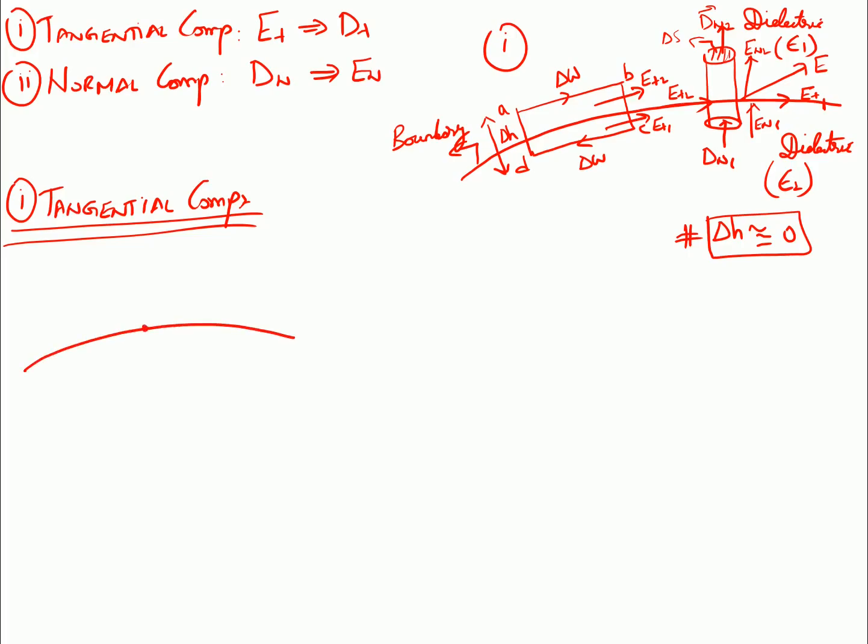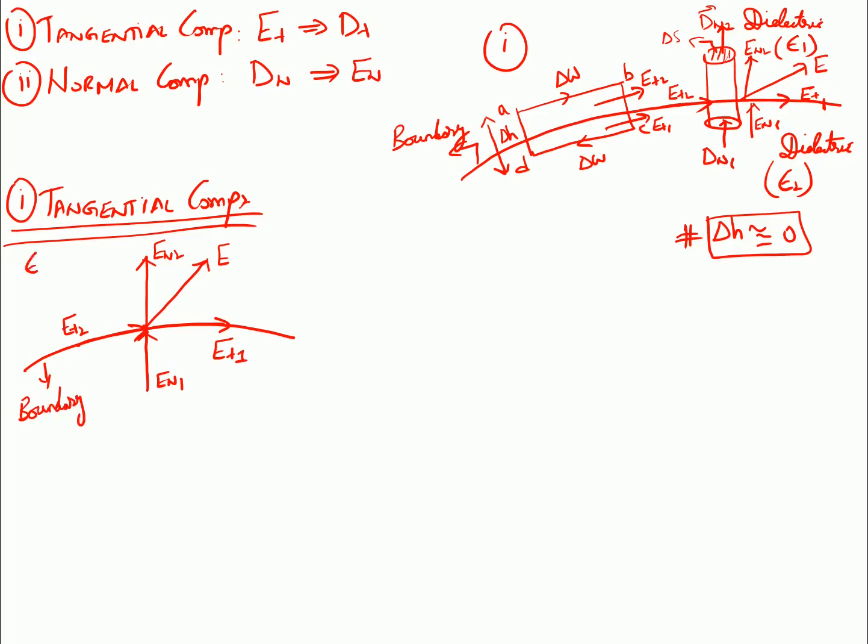We say that this is the electric field which is basically moving over here, then its components will be ET1. So this is ET1, and the tangential component over here is ET2. The normal component over here will be EN2, and the normal component for this will be EN1, and this is our boundary.